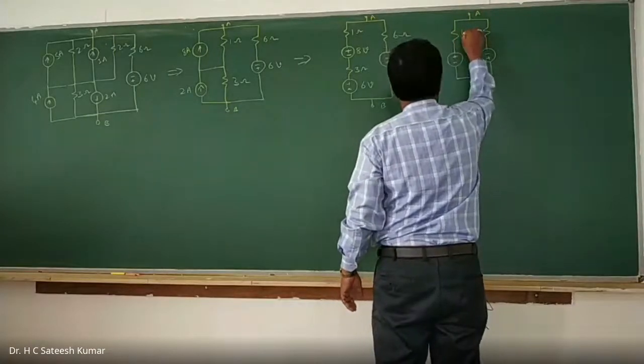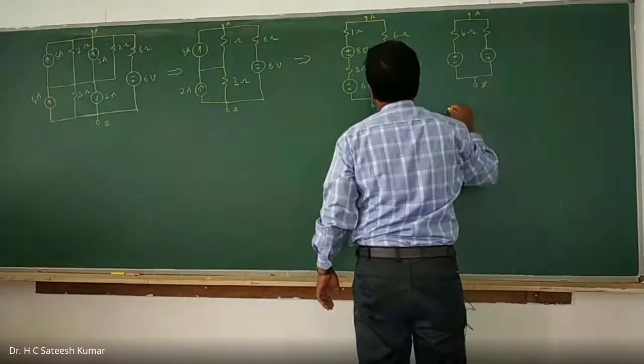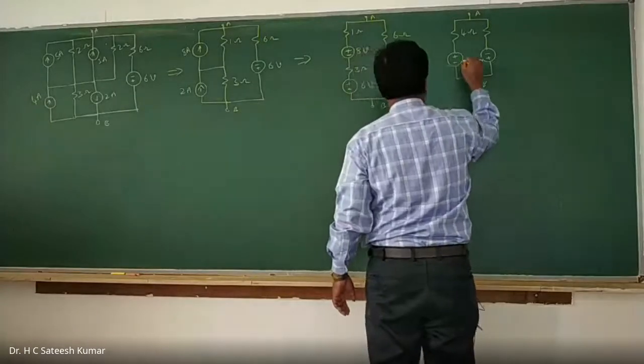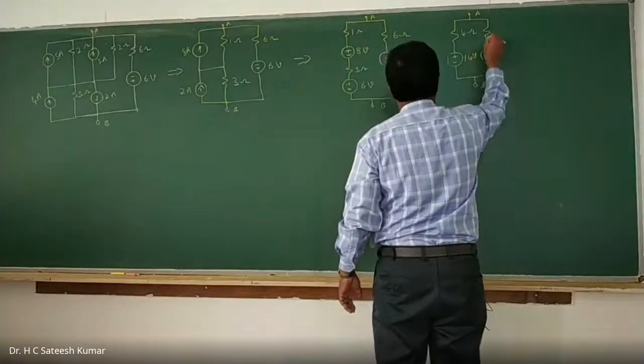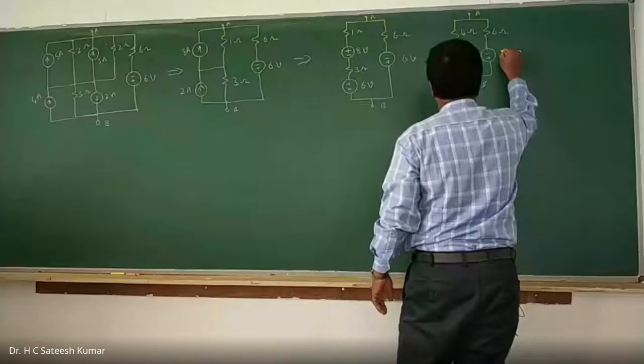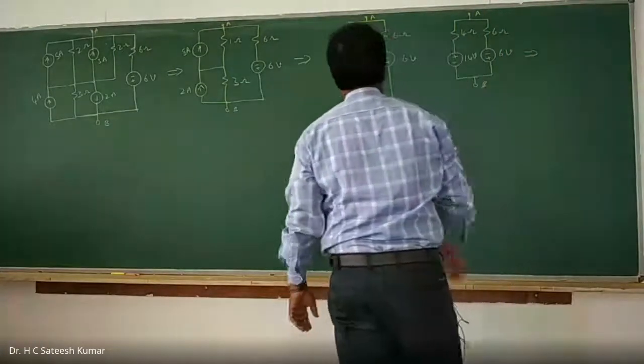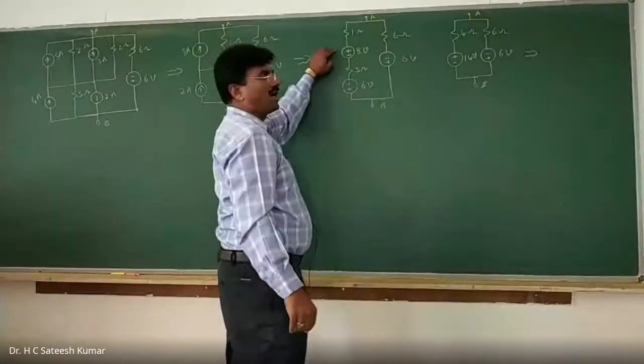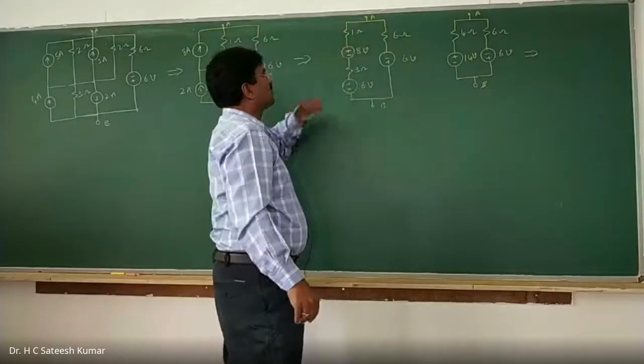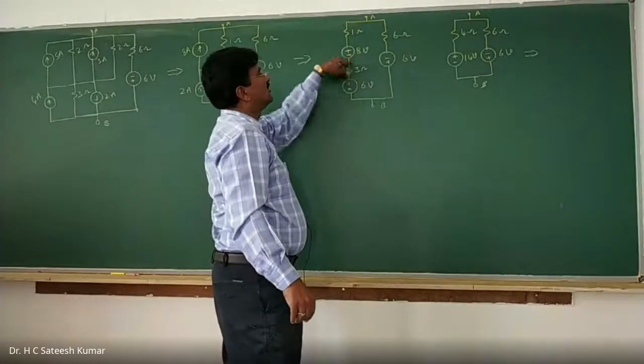So 4 ohms, 8 plus 6, 14 volts, 6 ohms, 6 volts. See, same polarity, add it. 8 plus 6 is 14 volts. Resistance, these two are in series. 3 plus 1, 4 ohms.